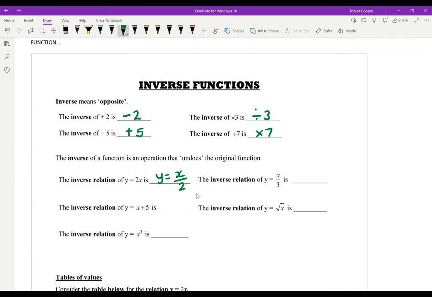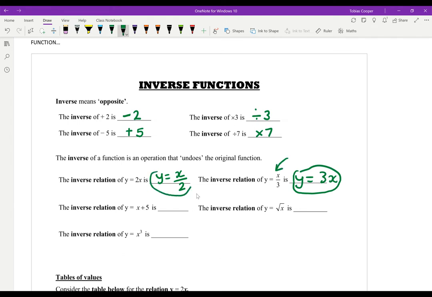Okay, over here, the inverse relation of y equals x over 3 is y equals 3x. So if you think about it, what's the opposite of dividing x by 3? It's multiplying x by 3. Okay, so this here is the inverse relation of y equals x over 3.